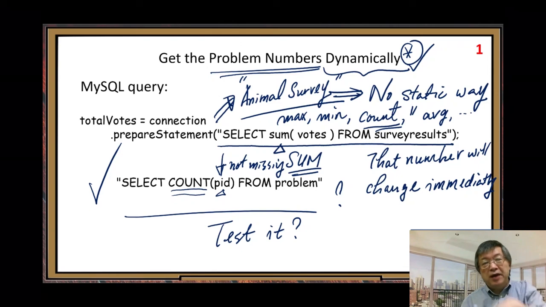Let us do that step. We go to our database, then we run this query. After that, we want to see the result. If the result is correct, then our next step is to implement this query in our Java class. Next, let me show you. We need to test it.